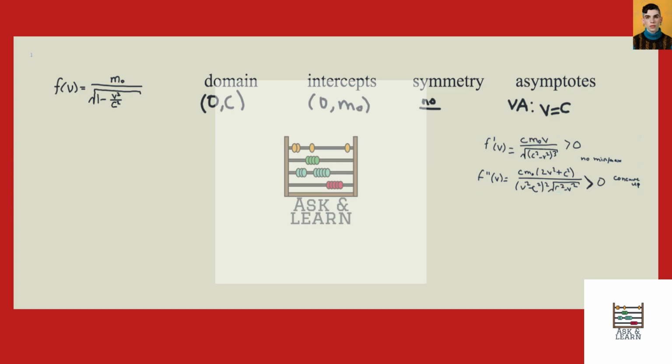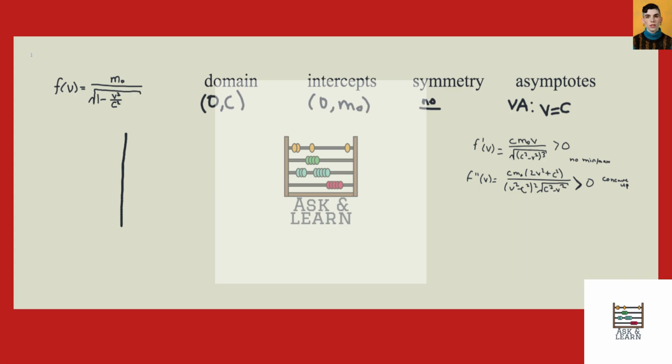And now we can graph our function. Our x-axis is going to be v, and our y-axis is going to be m, because here m is equal to f of v.